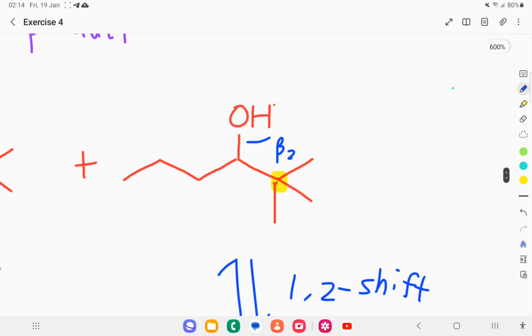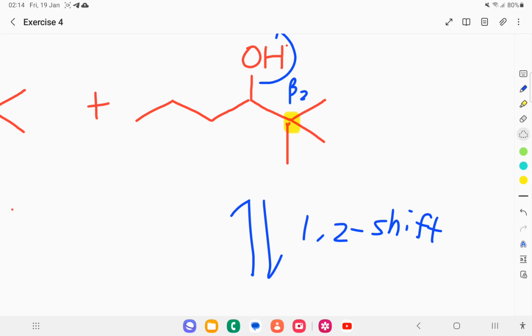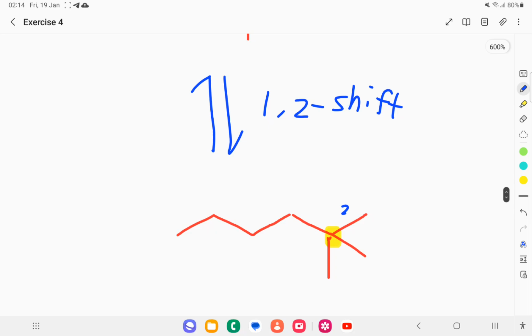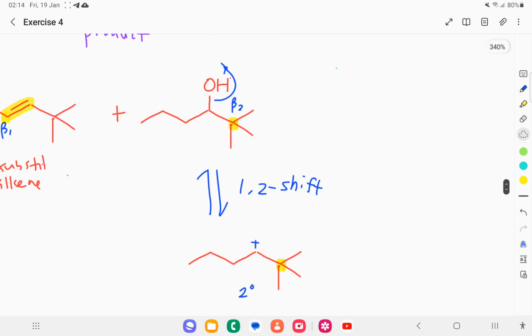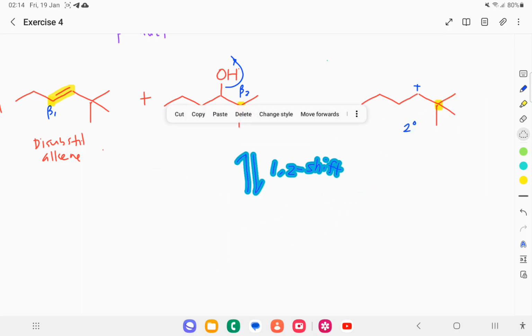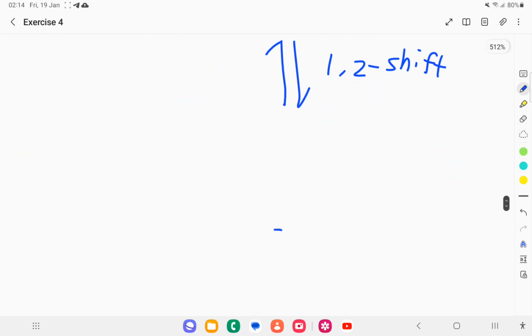Okay, a 1,2 shift. Consider this OH is already removed, which means the secondary carbocation forms here. We move it to a tertiary carbocation.